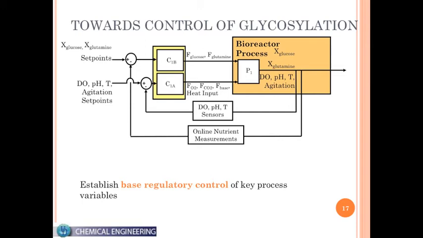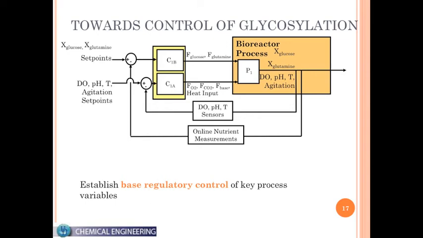And this is what's known as base regulatory control. What base regulatory control is basically, it's being able to control the process variables that you know to affect a certain response. So in this case, the glycosylation is our response that we're interested in controlling. The various process variables that we can manipulate in order to control our response are our glucose, glutamine, pH, temperature, and agitation rate.